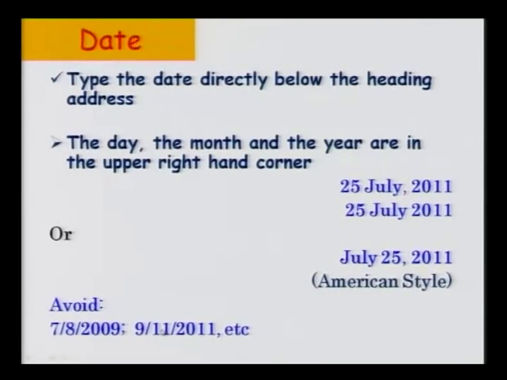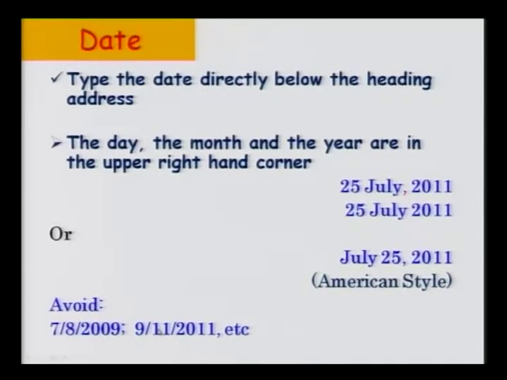Now, in American format it is the reverse. So, 9th of November will become, in the American format, first 9 will be September and then 11 will be the date.